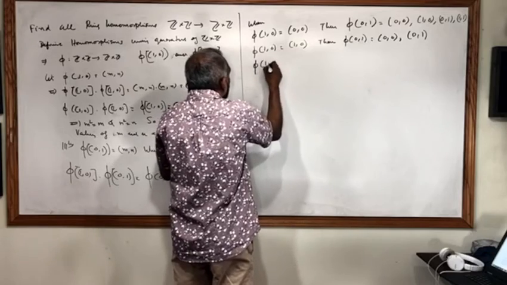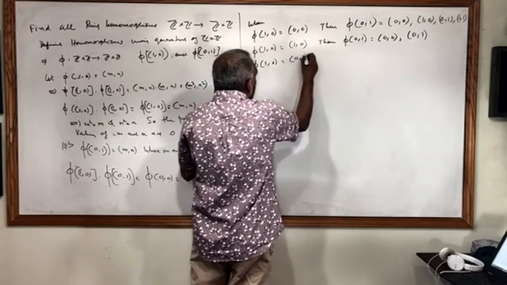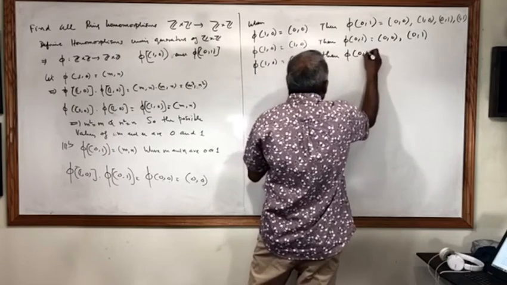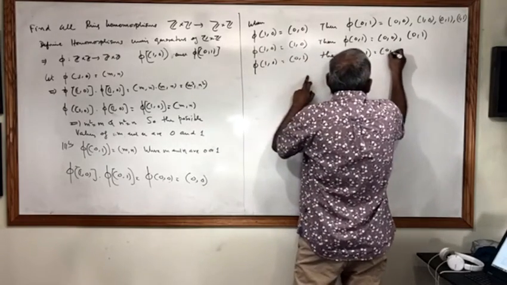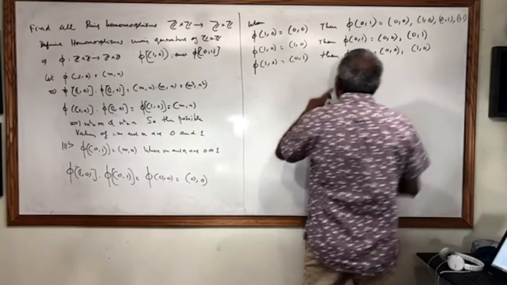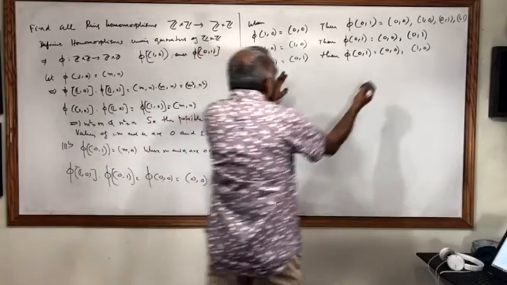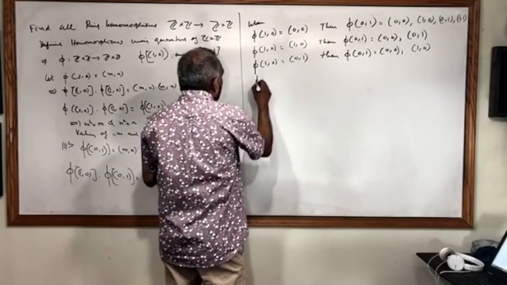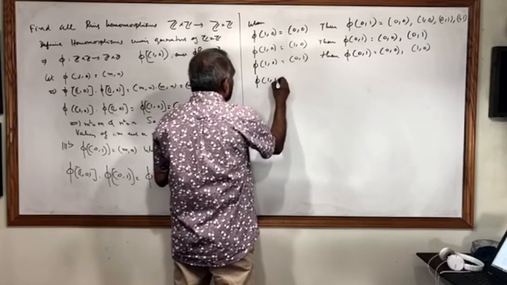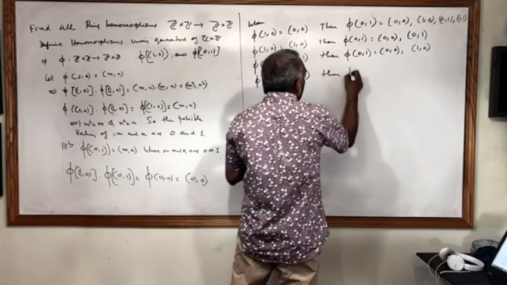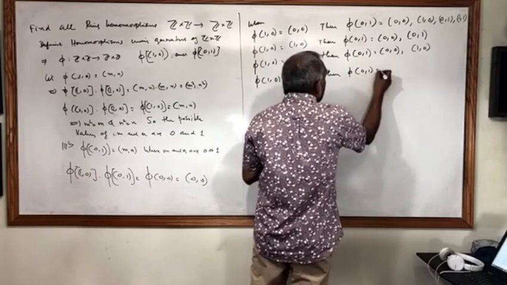When (1, 0) is mapped to (0, 1), then phi of (0, 1) should be (0, 0) or (1, 0), so that if you multiply these two, you get the 0 value. When phi of (1, 0) is equal to (1, 1), then phi of (0, 1) should be (0, 0).